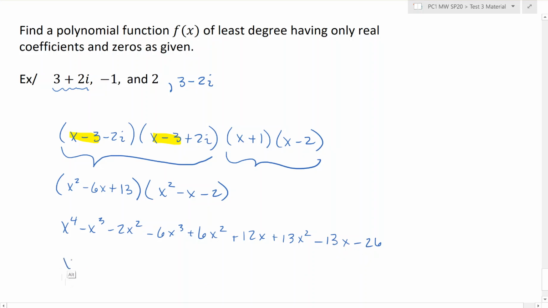Combine like terms, I have x to the 4th, and you can put some kind of a marker under these as you do them so that you can keep track of what you've used. And I have negative 7x cubed.